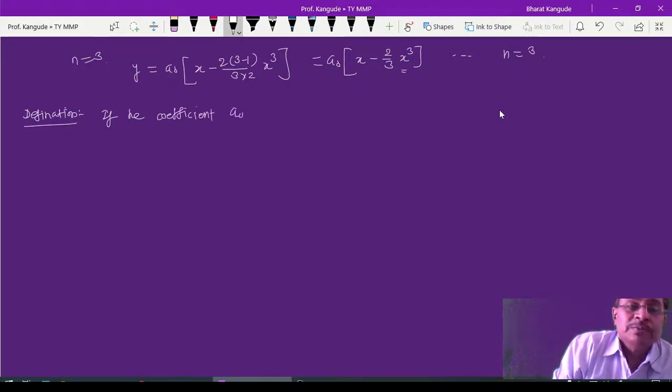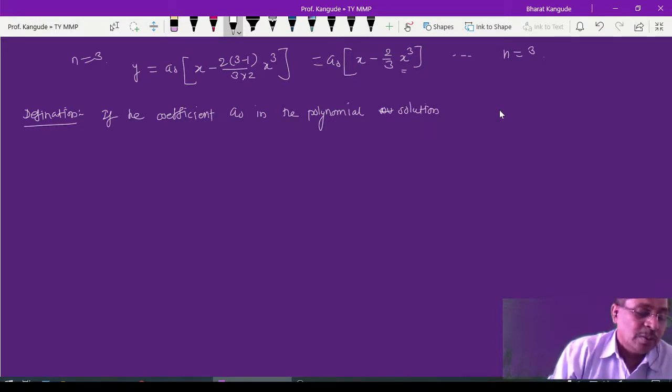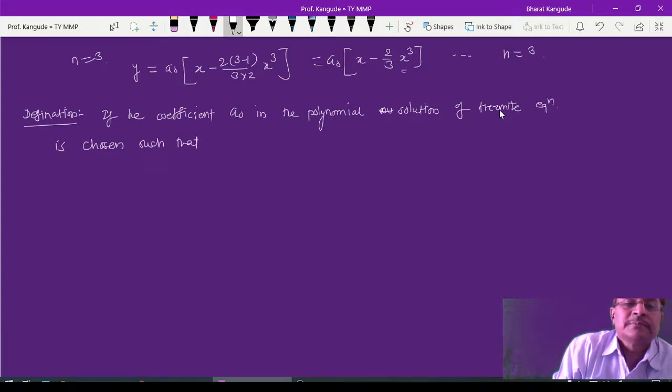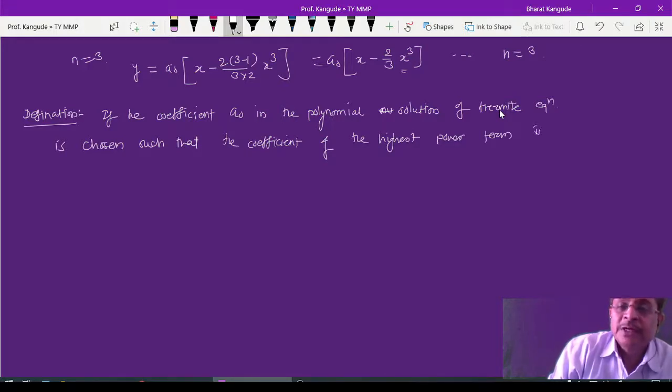The coefficient a0 in the polynomial solution of the Hermite equation is chosen such that the coefficient of the highest power term is 2 raised to n.